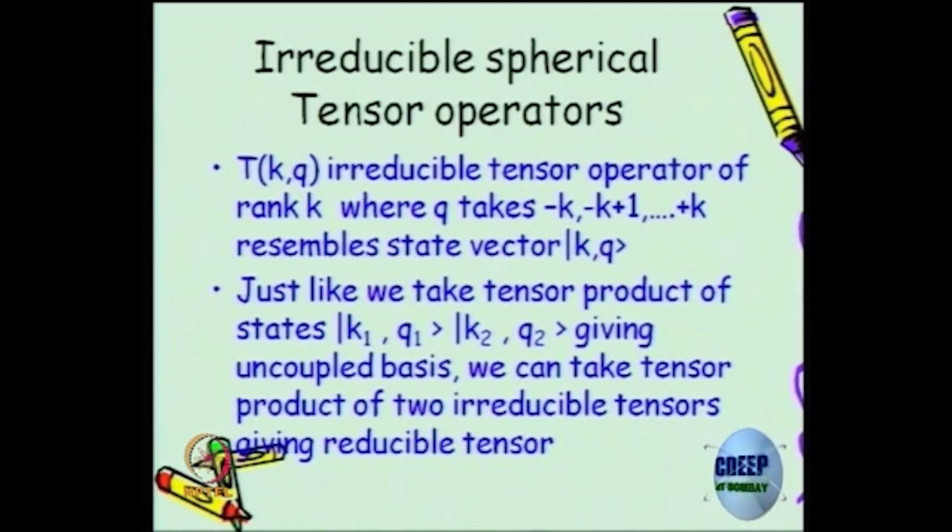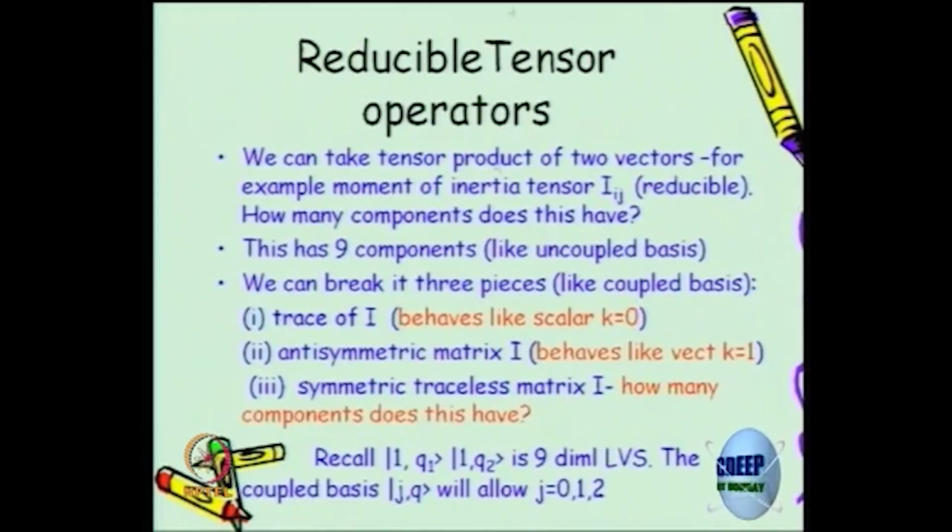When we take a product, we will get a new tensor with the rank looking like k1 plus k2. But that is not an irreducible tensor. So this we did elaborately last time. I am again repeating it here. We can take the tensor product of two vectors and we can write I_ij.